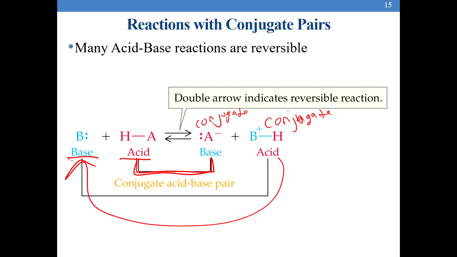Okay, so this is putting together what we saw on the previous slides for individual substances, but now we're within an equilibrium reaction with an acid and a base reacting. Okay, let's look at several more examples.